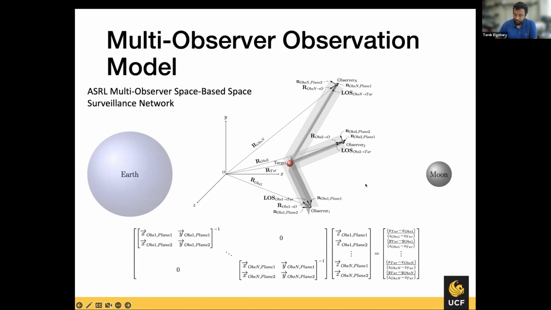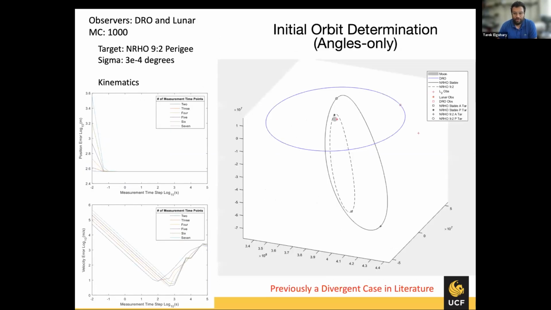Now, this measurement model could be fed into a filter, any type of filter, the basic ones, the fancy ones, whatever filtering scheme you would prefer. But to show the power of this very simple idea, this high school geometry idea, here is an example. This also gives you an idea of the distances in cislunar space.